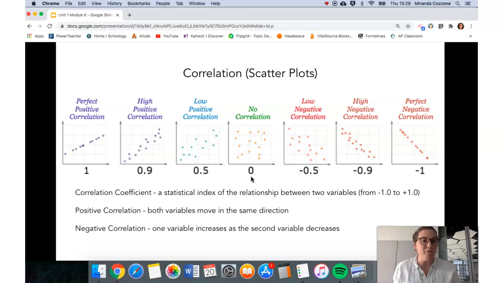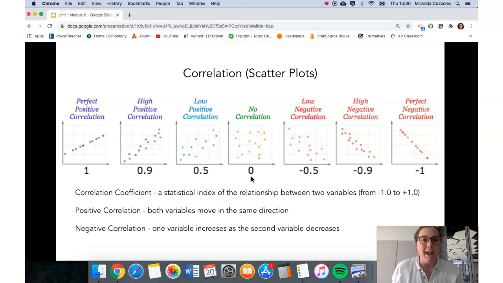Okay, so a -0.9 correlation is stronger than a positive 0.5 correlation. Okay, so try to let that sink in. Take a second to look at that spectrum right here. Okay, so the strength of the correlation is determined by how close to the number 1 or -1 your correlation coefficient is.